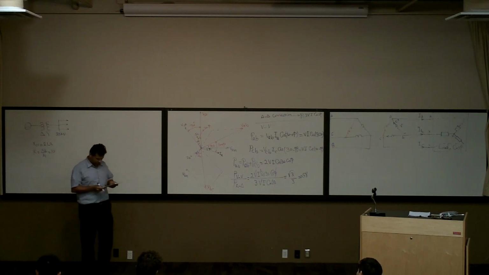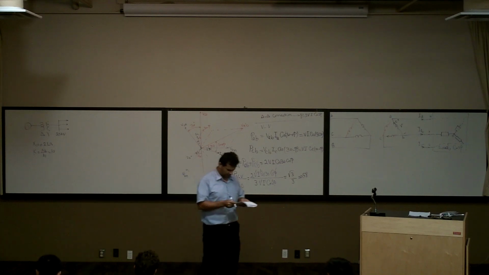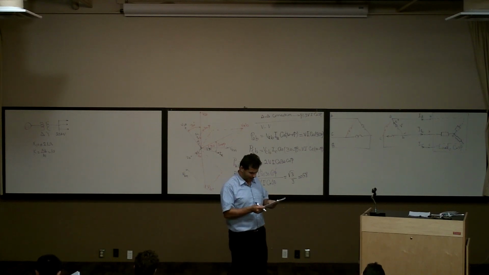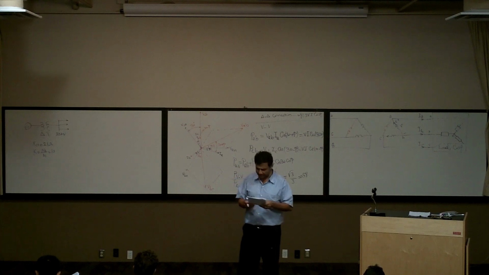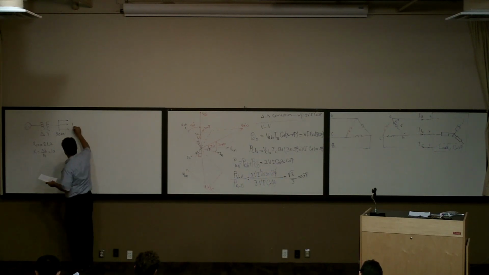It said each generator phase is modeled by a Thevenin equivalent circuit. The transformer bank is delivering 100 megawatt. This load here is 100 megawatt with a power factor of 0.9 lagging.